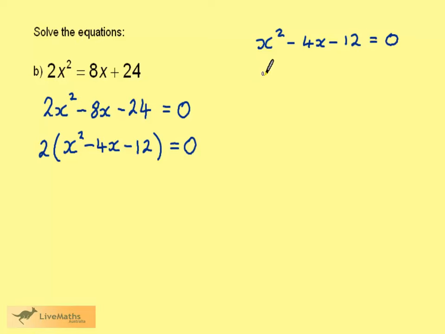We can factorize the quadratic into two brackets. We need x and x to give the x squared.